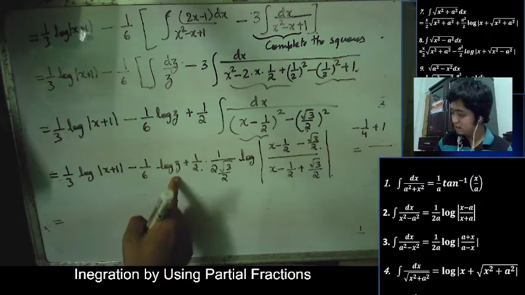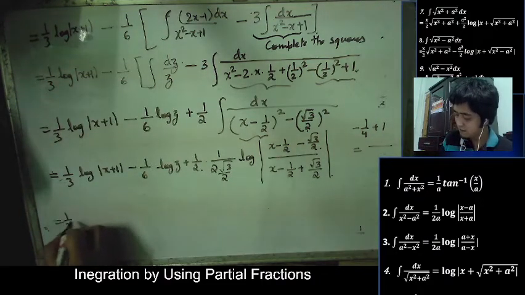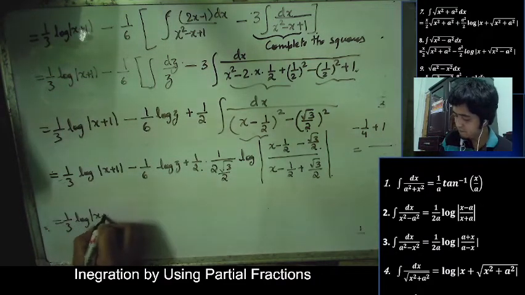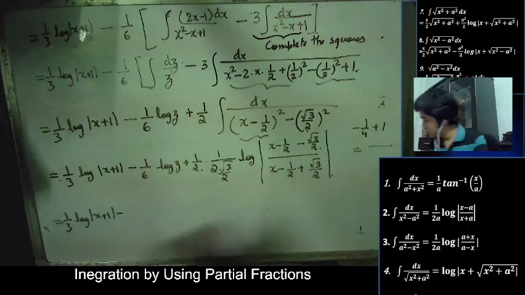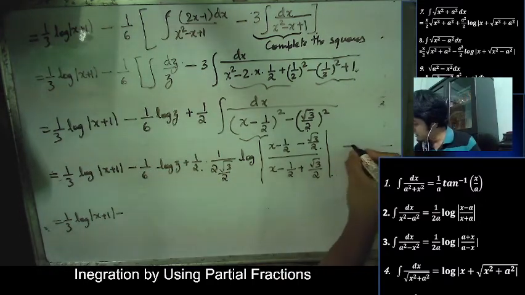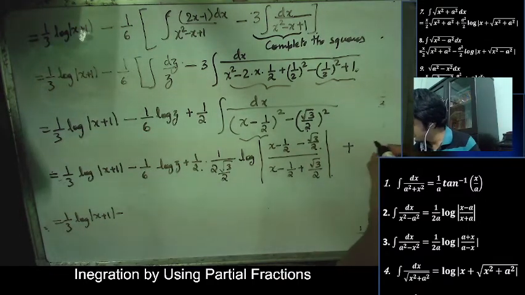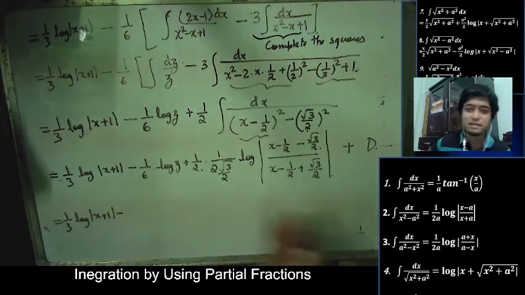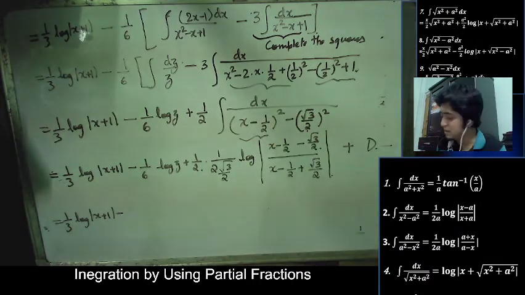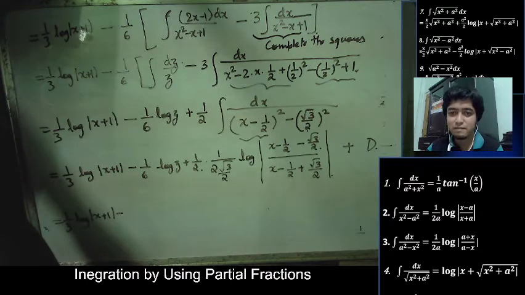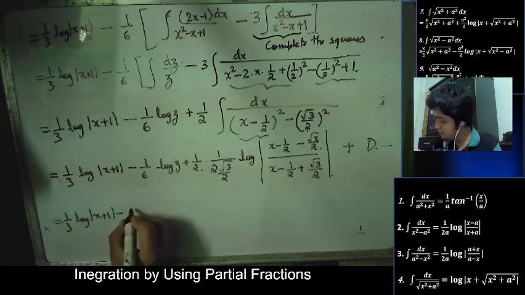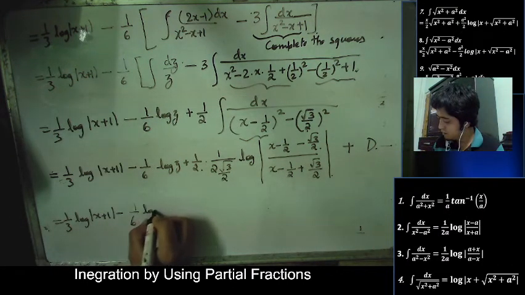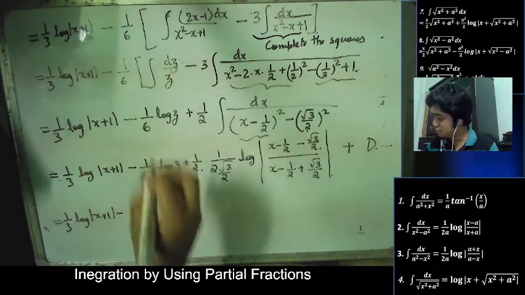We can again put the value of z. Here will be plus the constant c. Since I've already used the constant c somewhere else, I'll write it as plus d. z is x squared minus x plus 1.